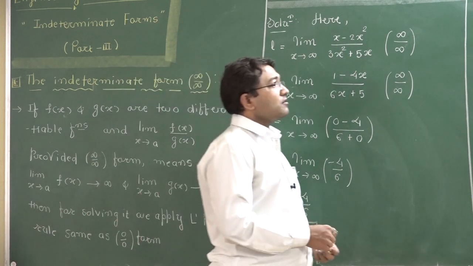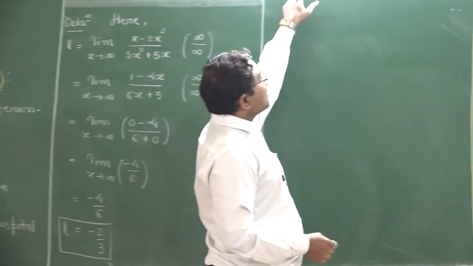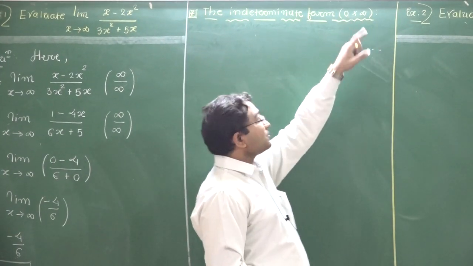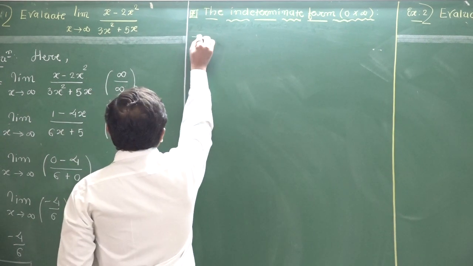We next talk about a new indeterminate form called the 0 cross infinity form. The rule is like this.